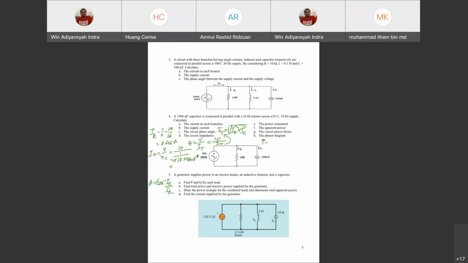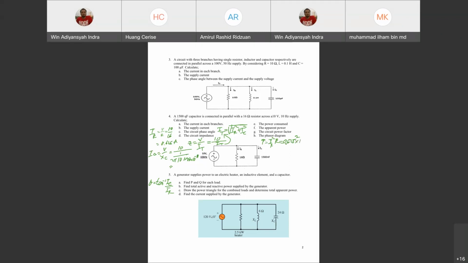So the formula is IR squared times R. IR is 0.625, R is 16.